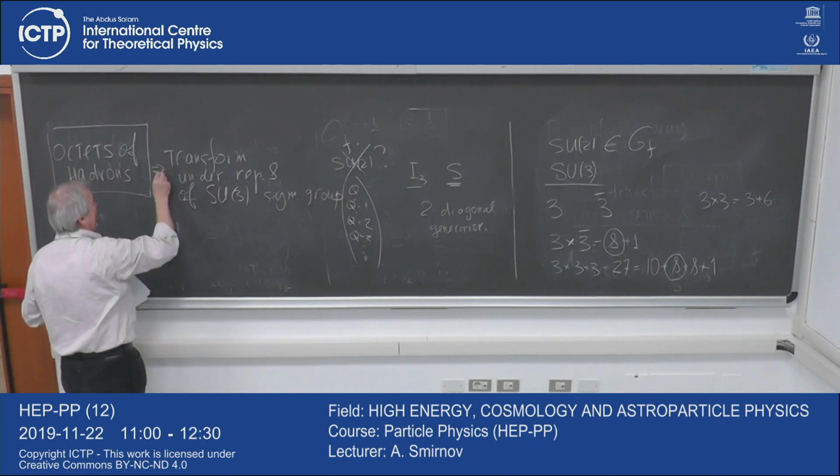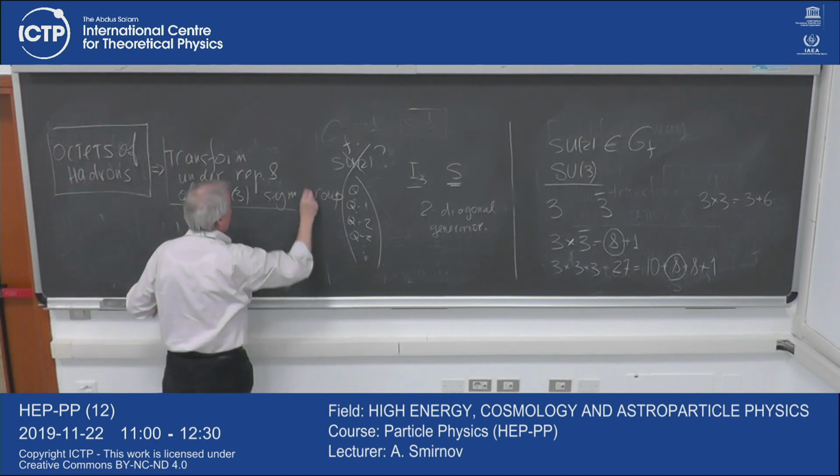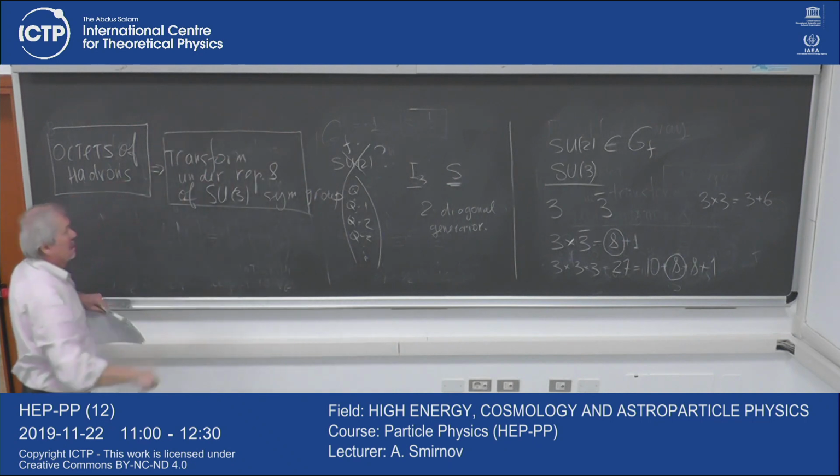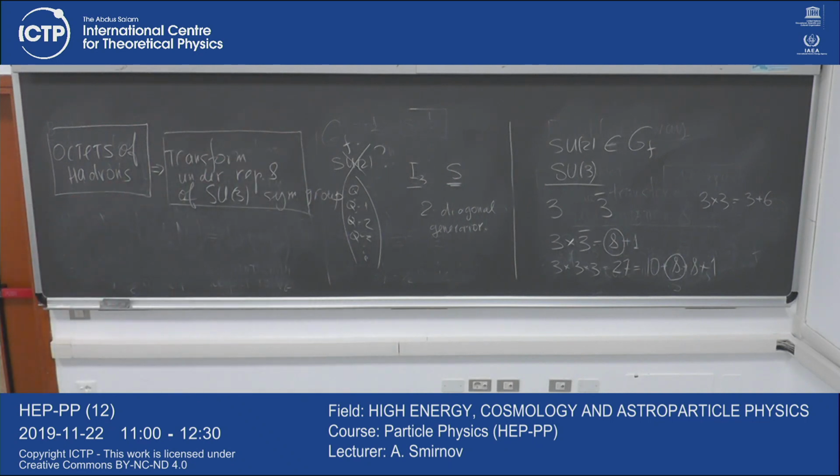So that's the meaning when we are saying that these particles form octet of SU3 symmetry group. We are not adding all these things, but the meaning is that we deal with Hamiltonian of strong interactions, and under transformations, the Hamiltonian is invariant. Okay.